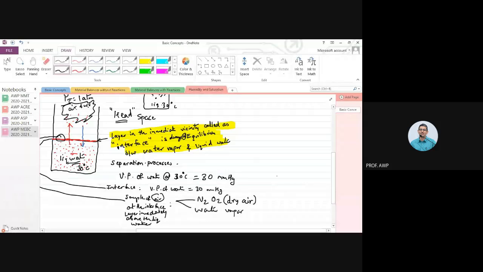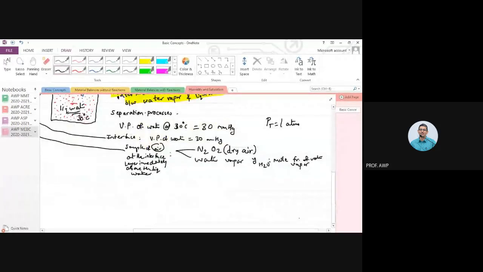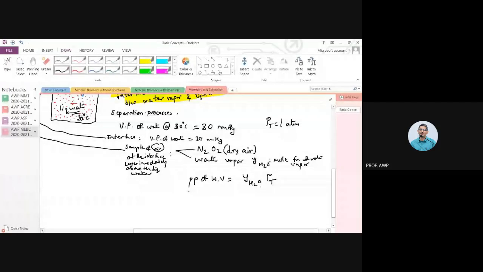Right? Now, if total pressure is 1 atmosphere, and let's say YH2O is the mole fraction of water vapor, then partial pressure of water vapor would be equal to YH2O multiplied by the total pressure.